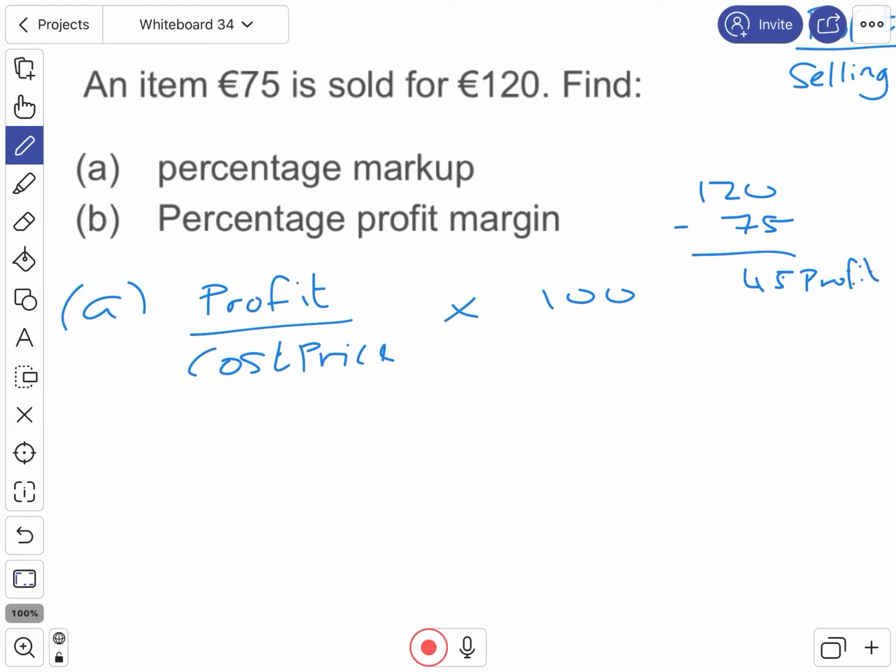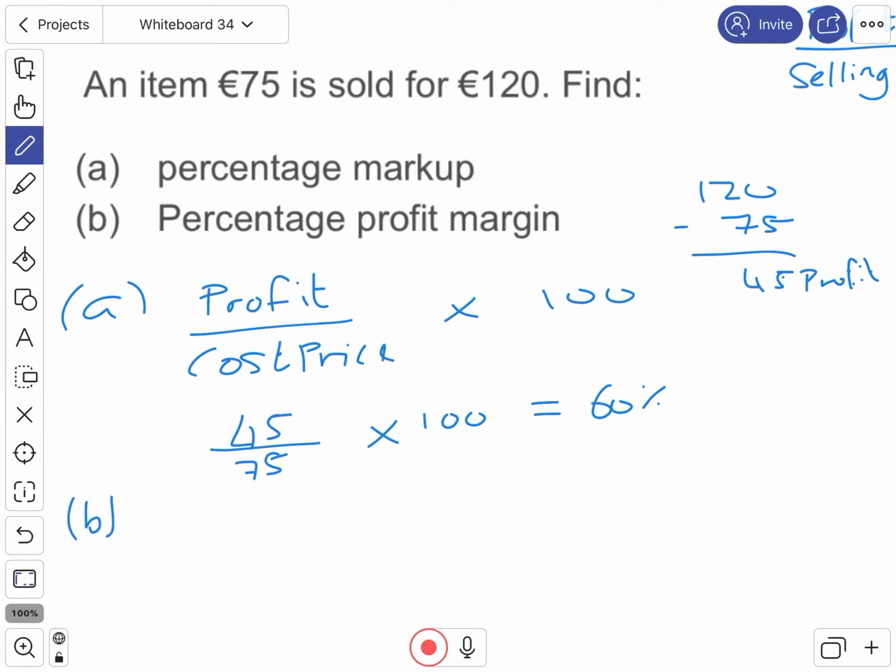Okay, so my cost price then is how much it cost me as a seller to buy. So cost price is going to be this 75 here. So when I substitute into this formula, I'm going to have 45 over 75, and I'm going to multiply that by 100. Put the whole thing into the calculator and I end up getting 60%.